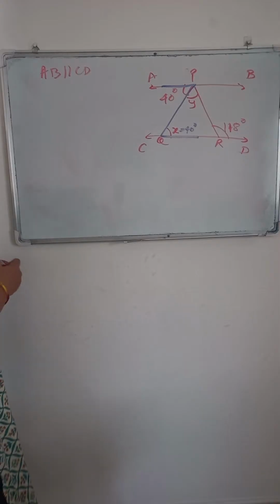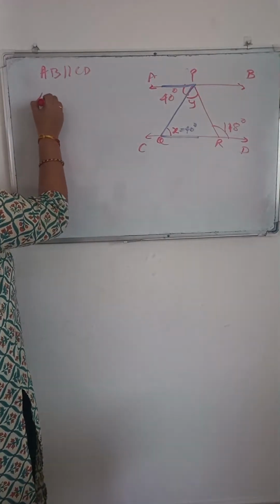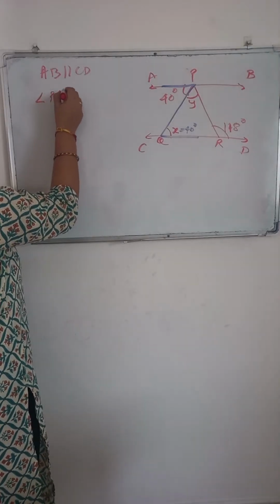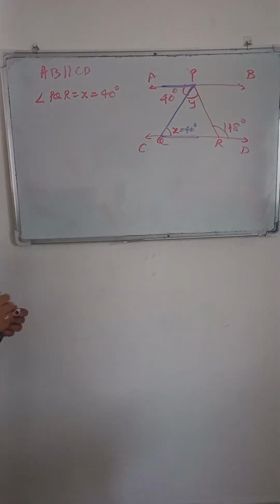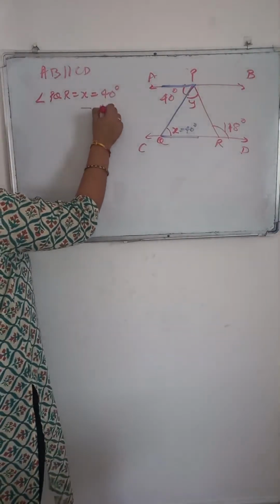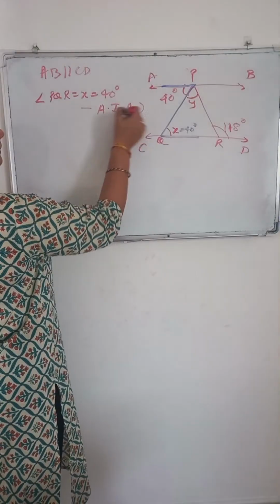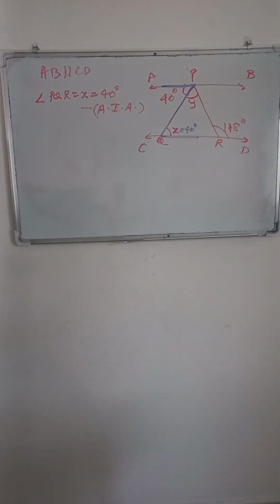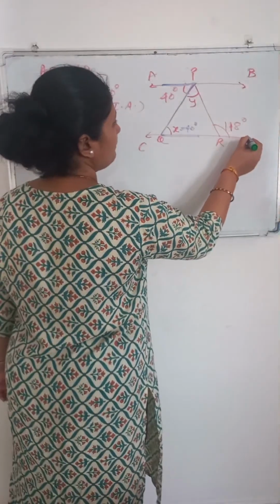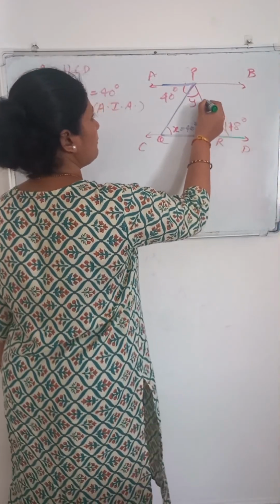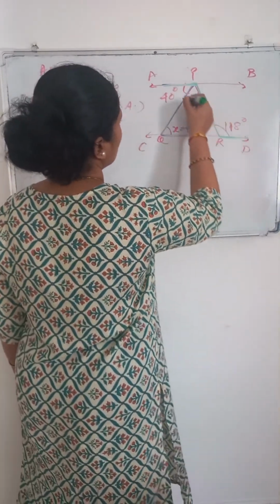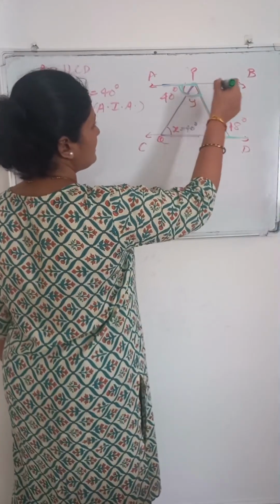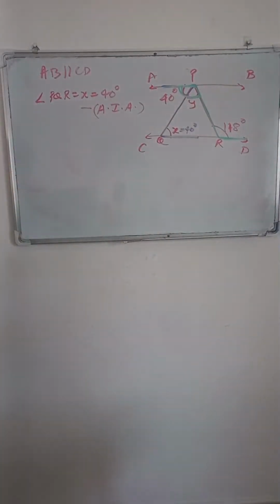So angle PQR is equal to x, and that is equal to 40. We can give the reason here: alternate interior angle. Now to calculate y, this also forms a Z, no? So this entire angle is 180.